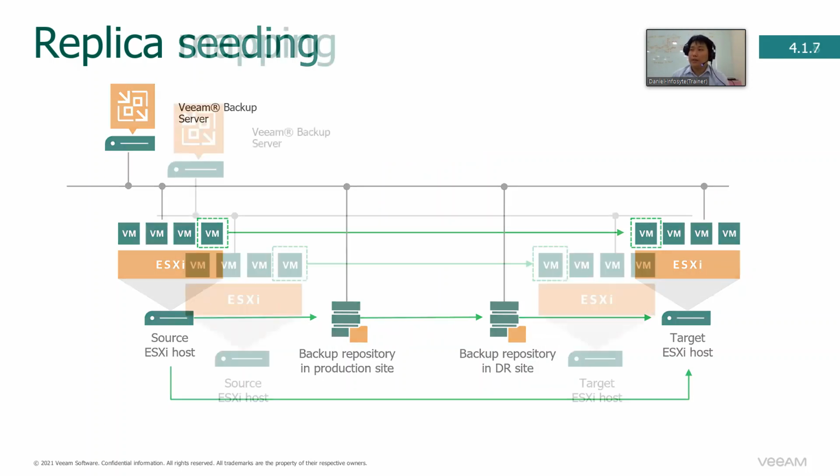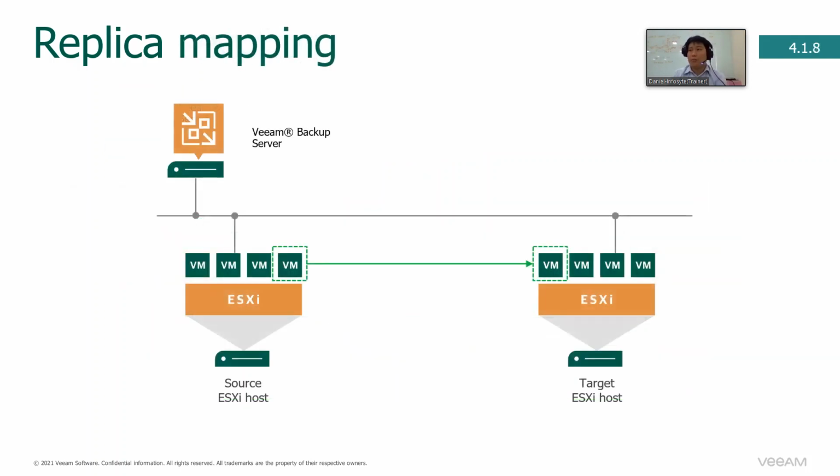Now, what if I have some suspended replication job, or maybe the replication job is deleted, and your virtual machine is still available in the DR equipment. If I want to initiate incremental replication again, you will see that both sides already have the full-size data available.